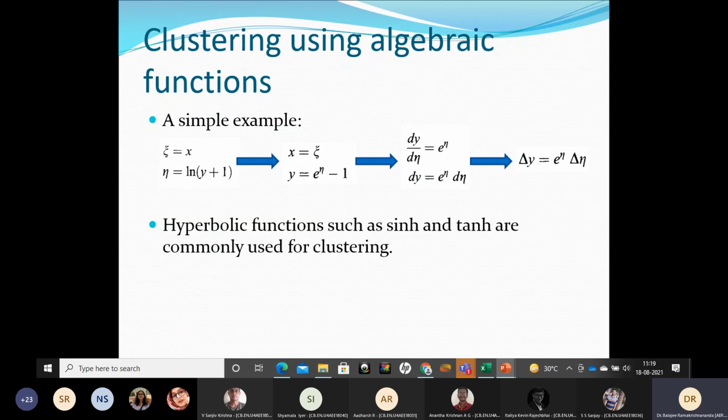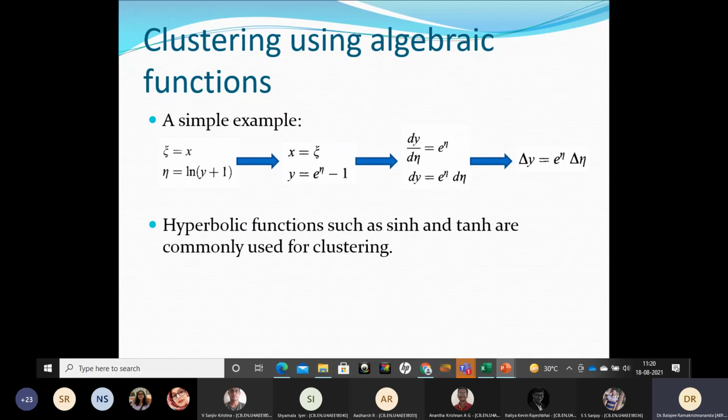For eta equal to 2, it is e squared. Then after that, e cube. So the difference delta y increases exponentially when you go away from the wall. We start with simple examples just to understand the concept first.